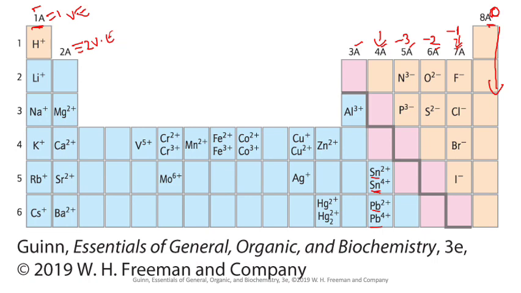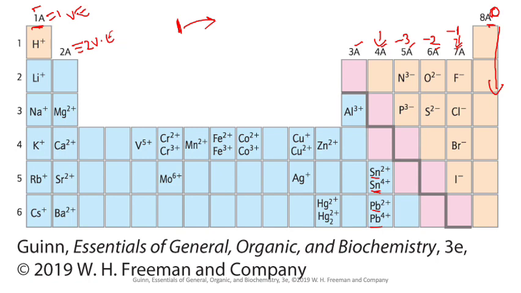So let's talk about why they get the charges they have. Group 1 elements have how many valence electrons? How many electrons in the last energy level for group 1A? 1, right? So how many electrons does this group 1A element need to get to 8 electrons? 7, but there is no one who can donate 7 electrons to this group 1A element. So what's the best way? This group 1 element says, okay, I can donate the electron, because nobody is going to give me 7 electrons.